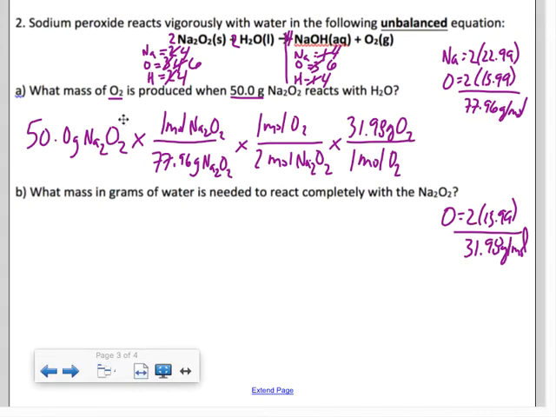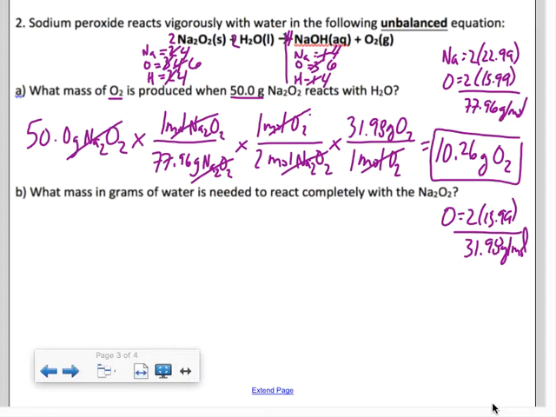The units will cancel out. Make sure the units always cancel out, then you know you set it up right. 50 times 1 divided by 77.96 times 1 divided by 2 times 31.98 divided by 1 gives you 10.26 grams of oxygen gas.